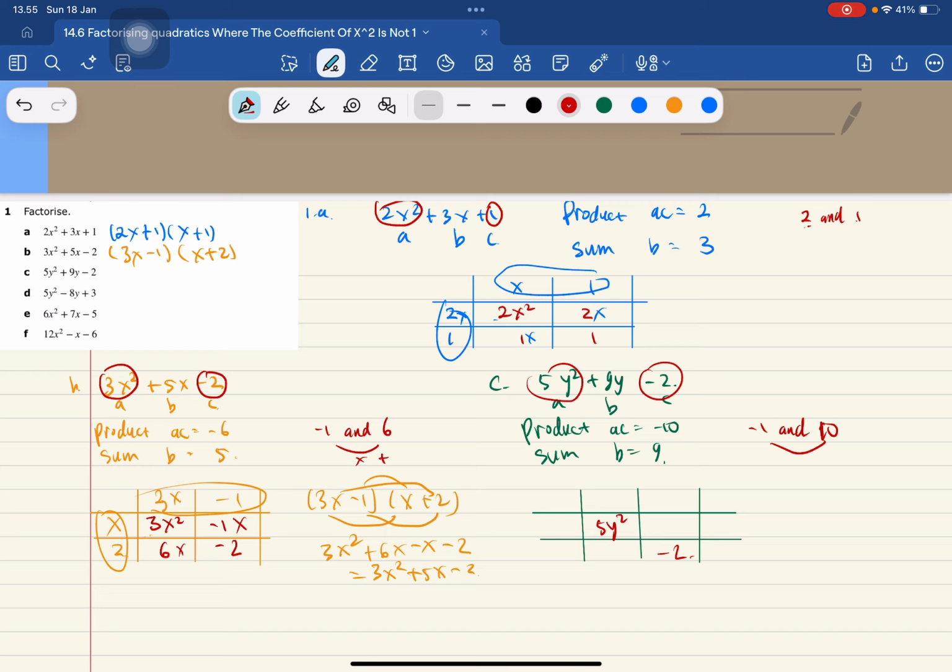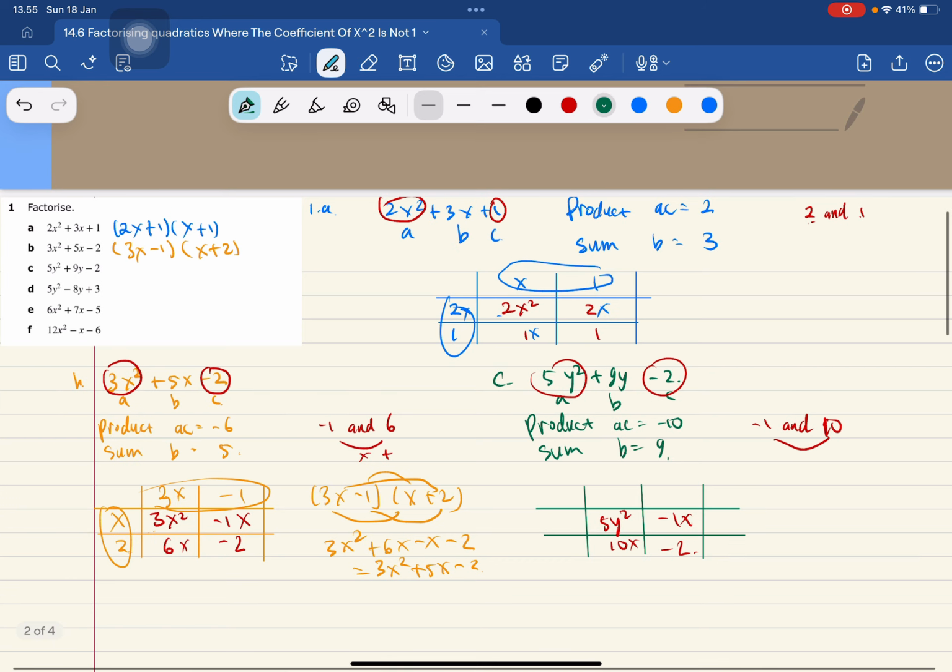Okay, we got it, minus 1 and 10. Let us find the highest common factor of each. So 5y squared and y is y. It's going to be y. 10y and minus 2 is 5. Here it's going to be 5y. It's going to be minus 1.